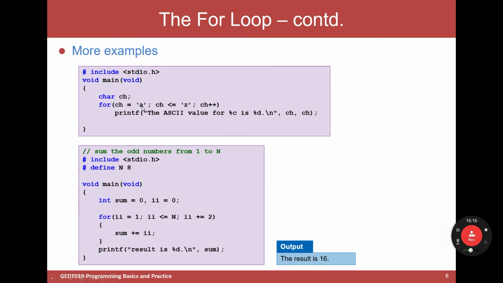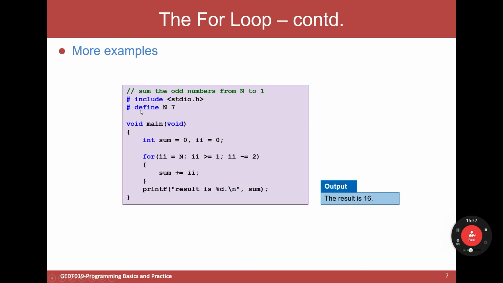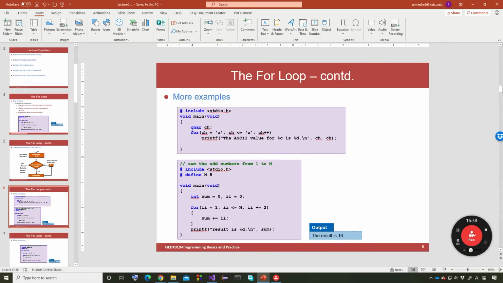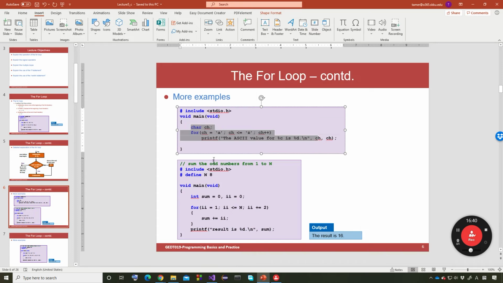A has ASCII code, for example, 65. The next time the code will be 66, and that means it will be B, and then C, and so on. Let's see this one together.